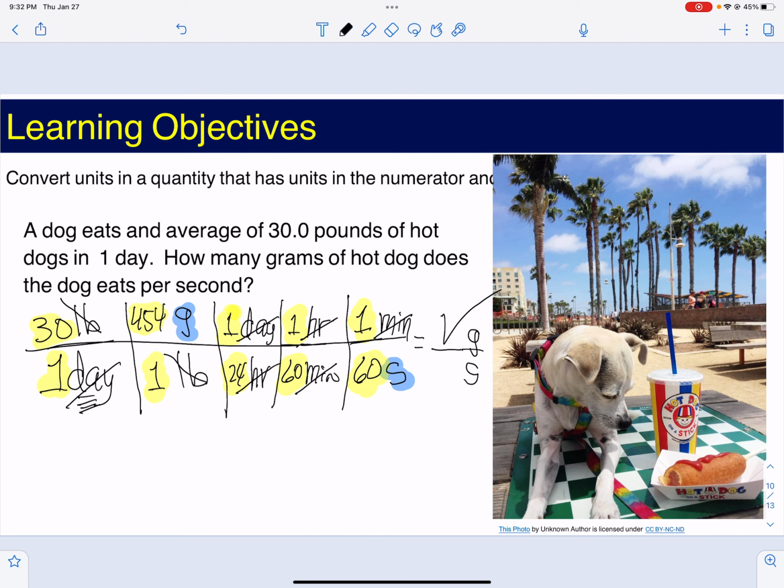So by the time we get to chemical reactions, where we're going to be doing what we call stoichiometry, and you can be doing stoichiometry with aqueous solutions, where we're going to be using concentration, you're probably going to be dealing with something like that, 4, 5, and 6 steps. So practice a lot now before we begin to use this technique with actual chemistry. So bon appetit, little dog.